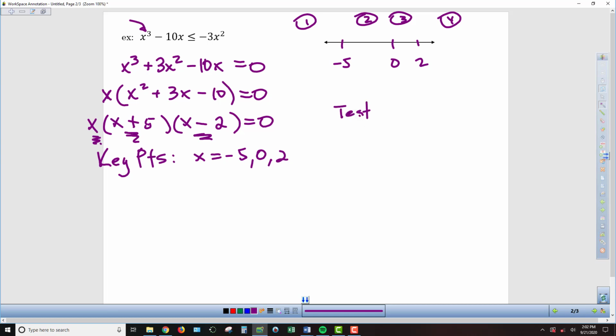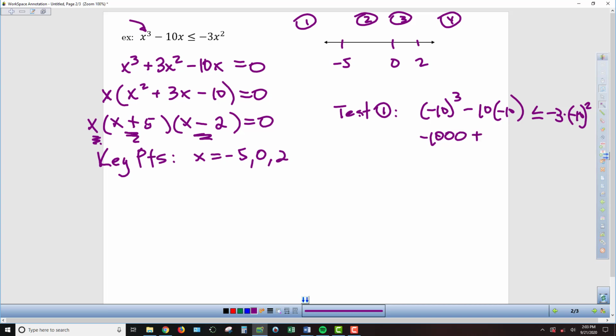So I'm going to test region 1. I'm going to pick a number smaller than negative 5. Again, I'm going to use numbers that are kind of user-friendly to plug in. So I'm going to use negative 10. So if I go negative 10 cubed minus 10 times negative 10, and then check to see if that's less than or equal to negative 3 times negative 10 squared. So negative 10 cubed is going to be negative 1,000.